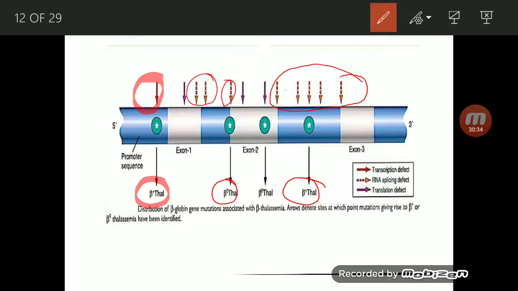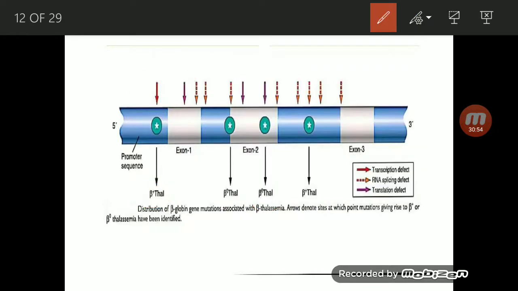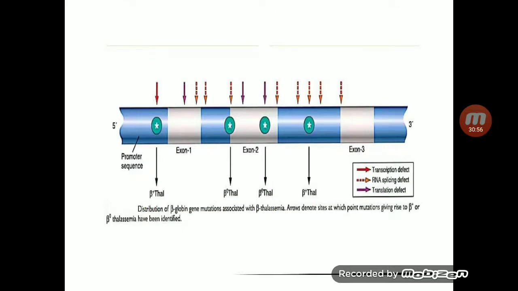And lastly, there is your translational defect. So whenever there is any translational defect, you generally get beta naught type of thalassemia. So you get beta naught thalassemia in case of your translational defects, which is a more severe form of thalassemia.